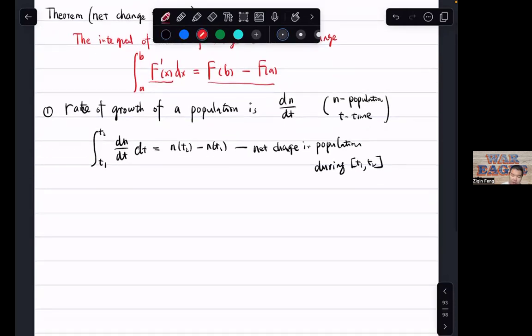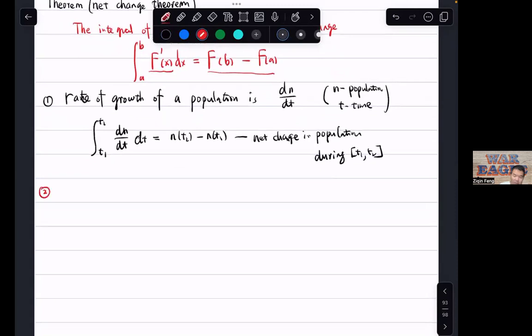In physics, one of the very fundamental rates of change involves the position function. Suppose you have an object moving in a straight line, and we are given a function s of t, the position function of the object.